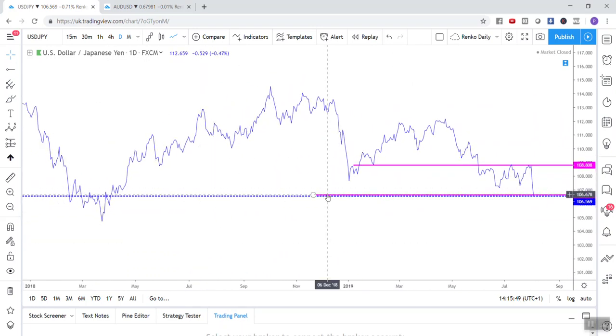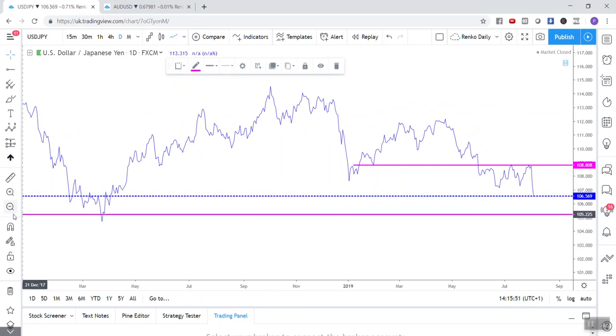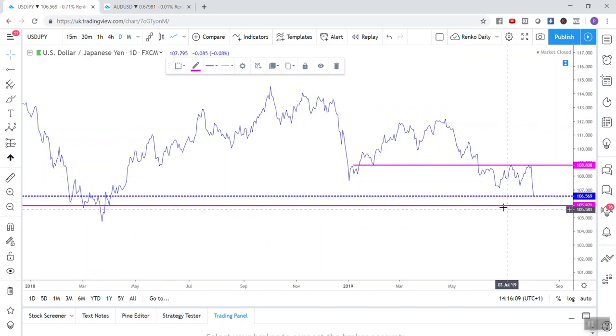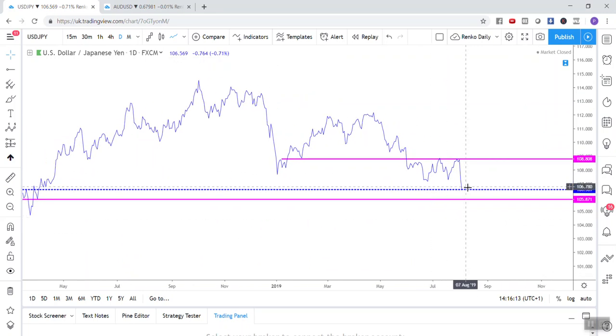This was a previous area of support. Here you can see the market pushed up, pulled back here. It's also bounced off a support here, came close here, and now we're heading in this direction again. So, potentially the next area that it could stall is there.